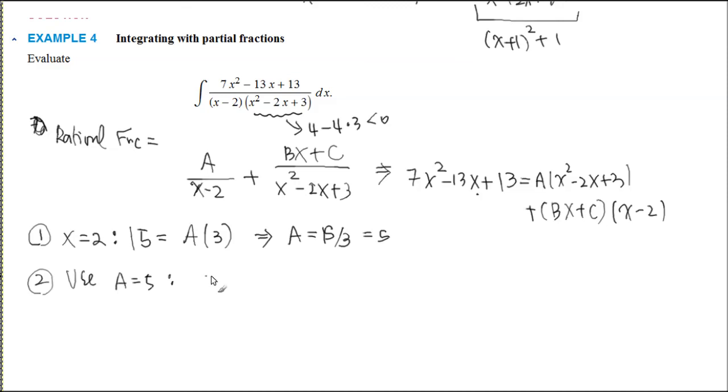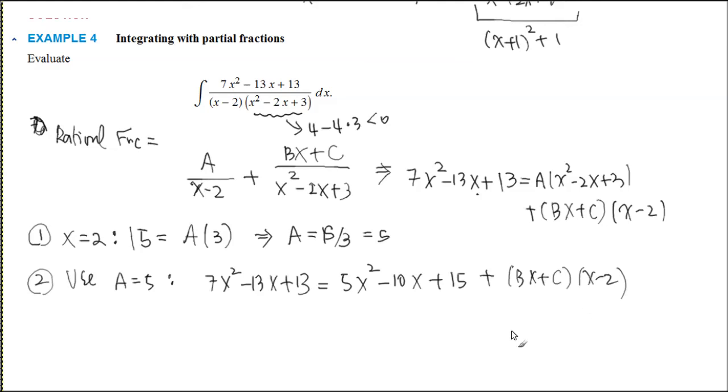Then 7x squared minus 13x plus 13 equals 5x squared minus 10x plus 15, is that right? Plus Bx plus C times x minus 2, right? And what is it together? 2x squared minus 3x minus 2 equals Bx plus C times x minus 2. Isn't that right?